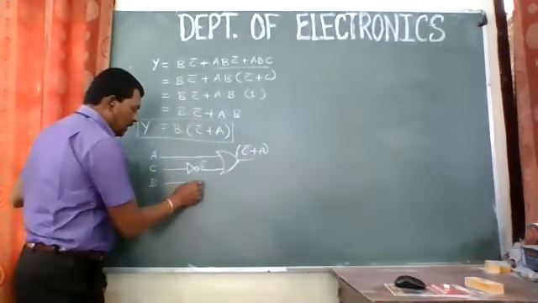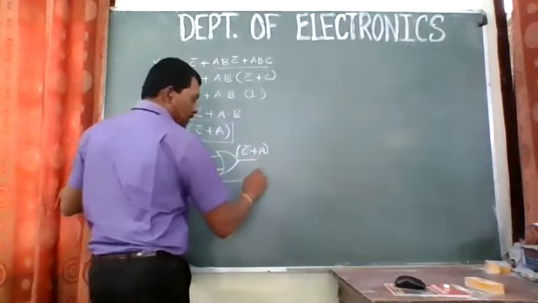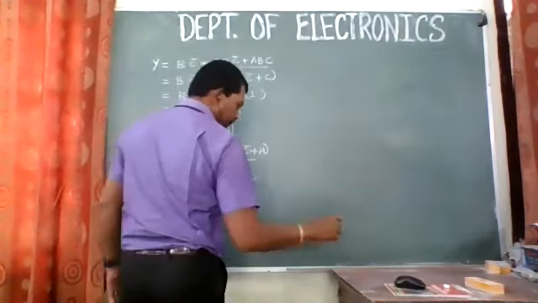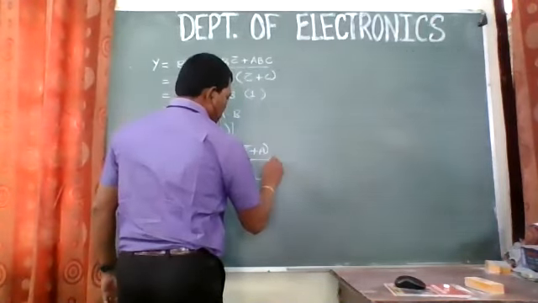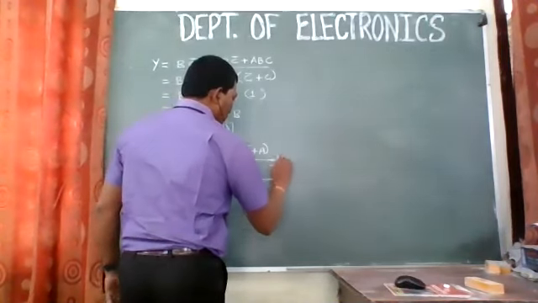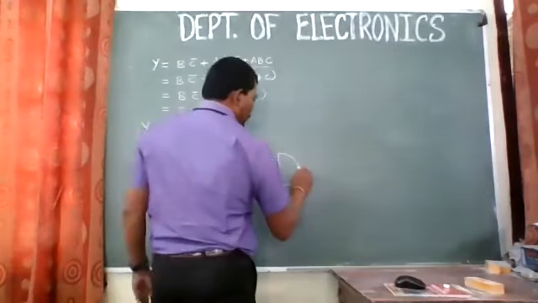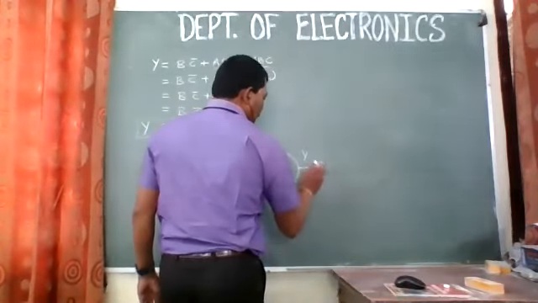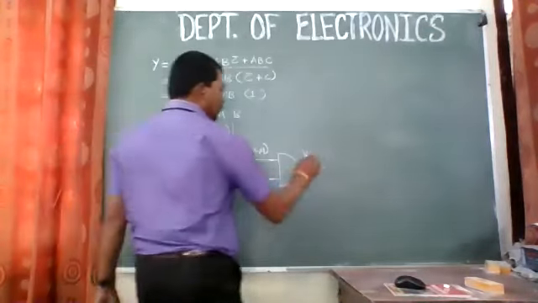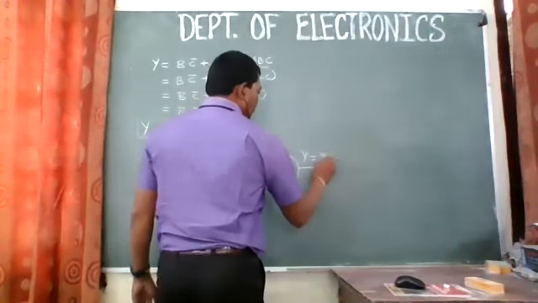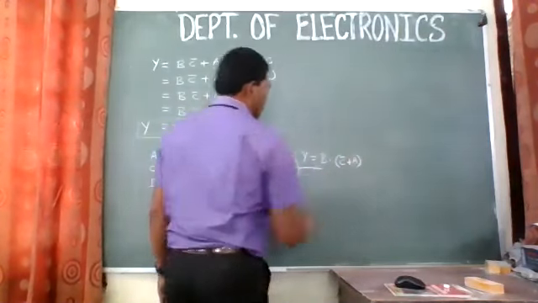So I will take this line in front and give this to an AND gate. So I am ending it. The last output, which we call Y, will be equal to this equation, B dot C bar plus A.